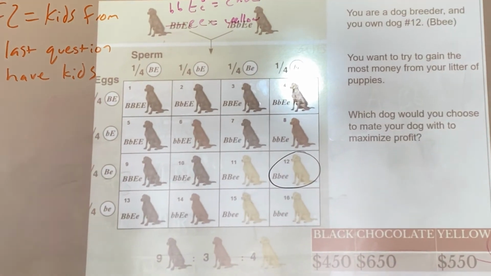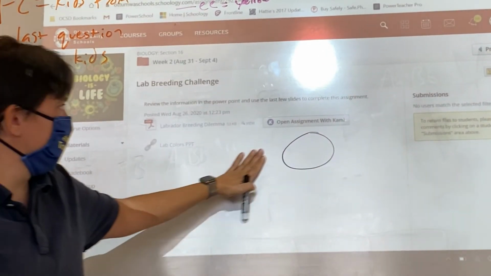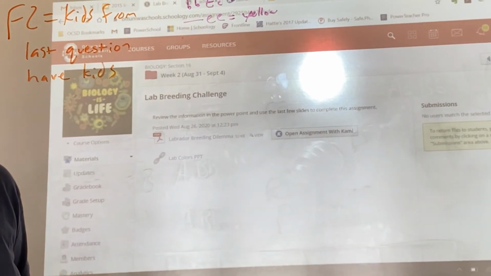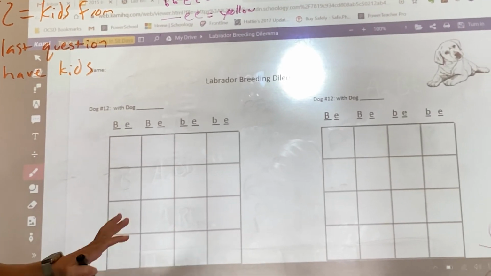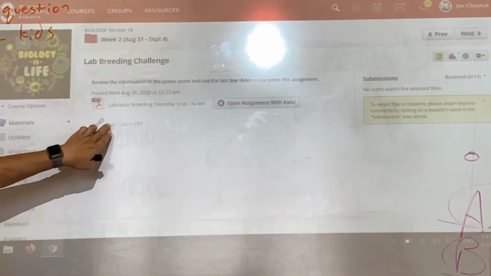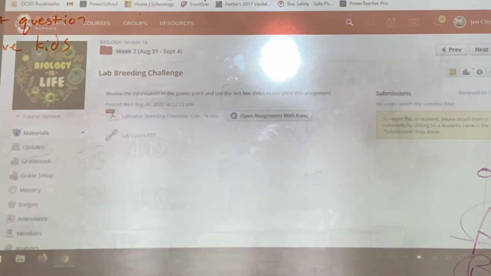All right? So if you go to Schoology, to the lab breeding challenge, this worksheet is actually better. I edited it, and it's better now. But also in Schoology, the slides you need for the lab color are here.